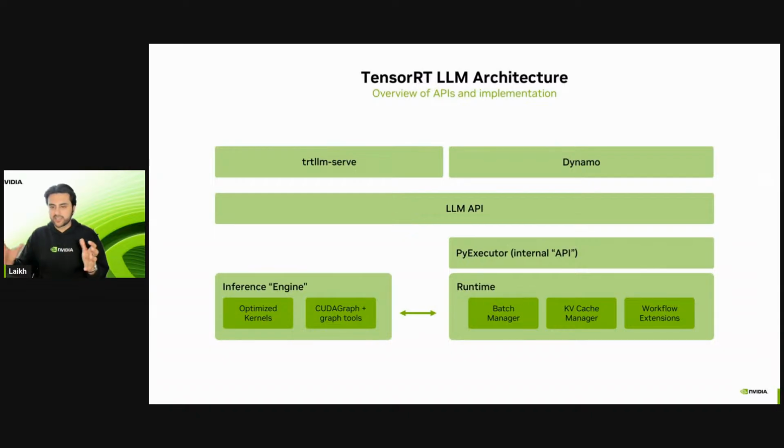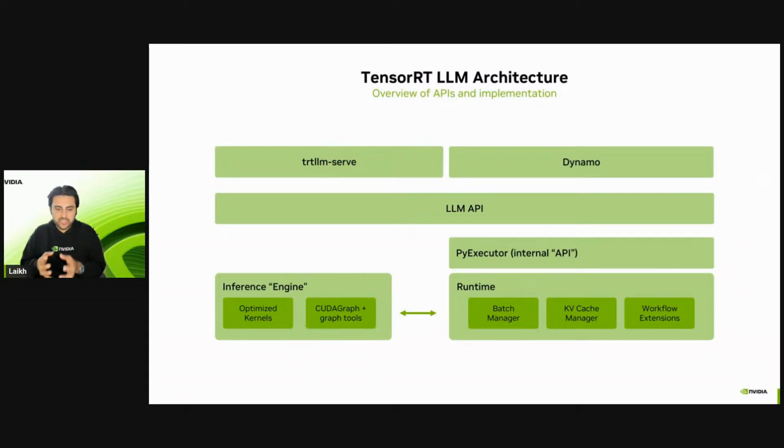The system is architected in a few different layers. In the first layer, we have the serving layer. This would include trtllm-serve, Dynamo, or the ability to bring your own serving layer. Typically, these are built on top of that stable LLM API that's simple and fully featured. And for advanced users who want to get into the system, we offer the PyExecutor.